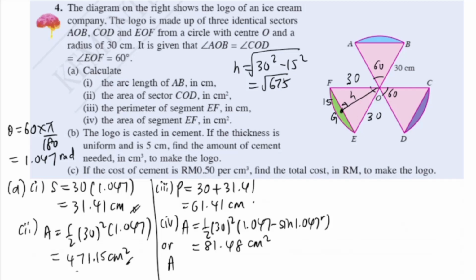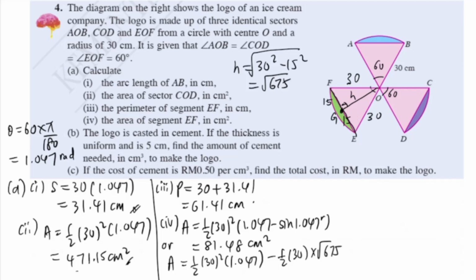Then we take the area as half r squared theta minus half times base times height. My base is 30, measured from F to E all the way, and the height is square root of 675.